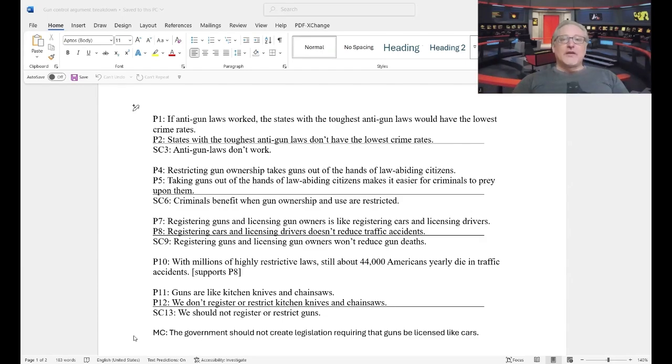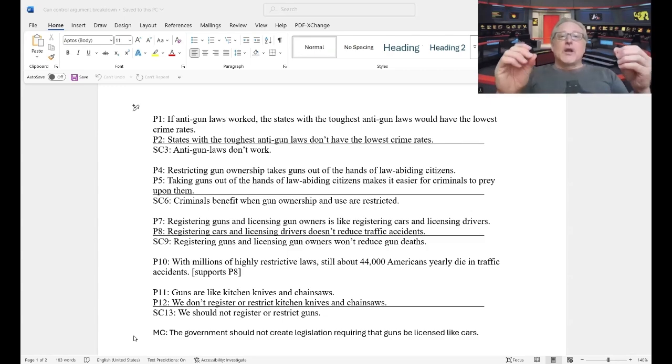Now, does anti-gun laws mean the same thing as legislation requiring that guns be licensed like cars? Well, normally I would say no. Anti-gun laws, that seems like a term for a broader category of laws that might include laws like that, but also laws saying that you can't carry guns at all, like most countries have.